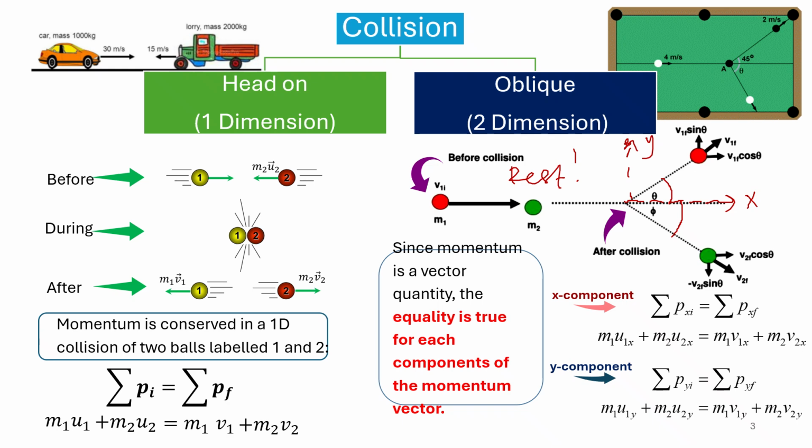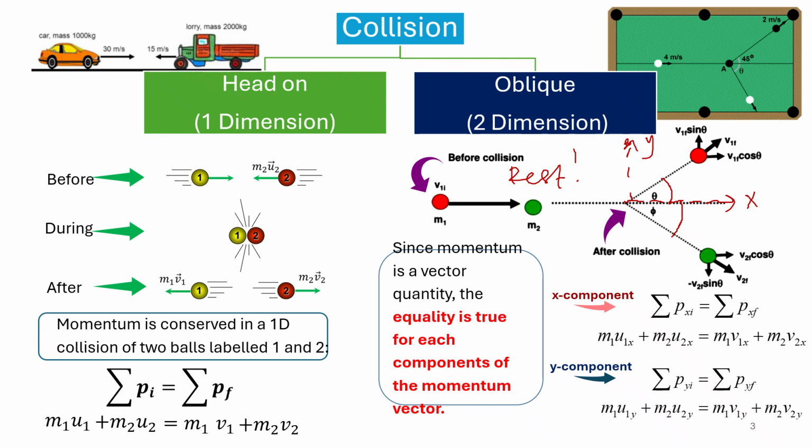It doesn't matter if before the collision is only on the x component, but you need to see the whole picture, which is before and after the collision. After the collision we have the angle, isn't it? So we have to consider this as a two-dimension case.